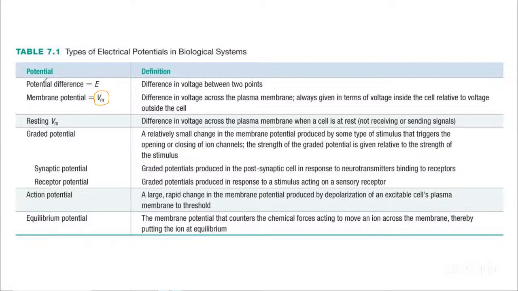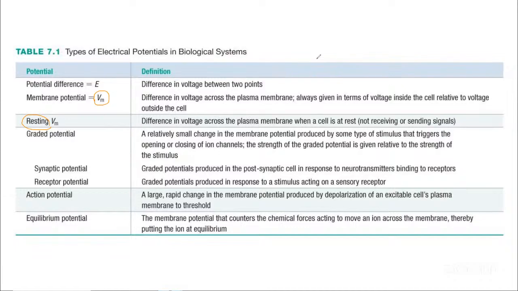We're not going to use the potential difference that much in this way, but we are going to talk about at rest. When we say a cell is at rest, we mean it's not doing anything. When we say a neuron isn't doing anything, we're talking about a neuron that's not firing yet. That's important because neurons receive signals and they send out signals, and anytime they receive or send out a signal, we're going to see a change of that membrane potential.